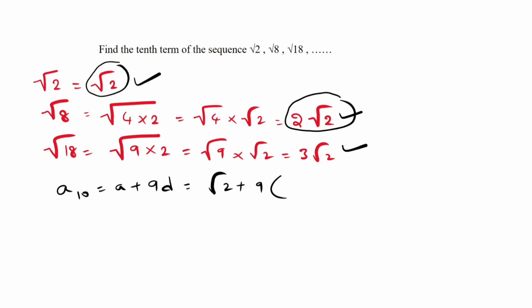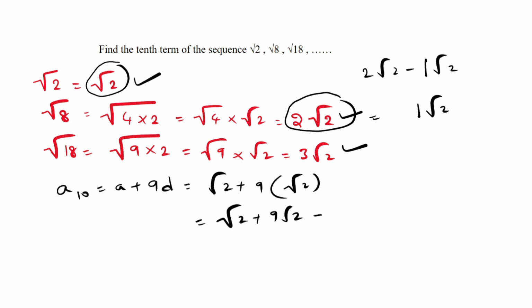From 2 root 2, if I subtract root 2, which is the same as 1 root 2, then what will we get here? Root 2 as it is, 2 minus 1 is 1. 1 root 2 is the difference, or simply root 2, which equals root 2 plus 9 into root 2, 9 root 2. Now here root 2 alone is there means it is 1 root 2, right? So 1 root 2 plus 9 root 2 is 10 times root 2, that is 10 root 2. So the 10th term of the given AP is 10 root 2.